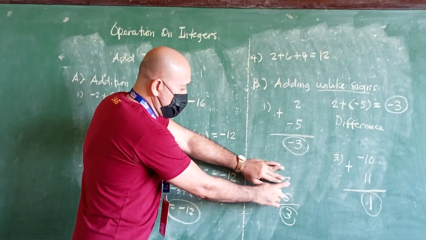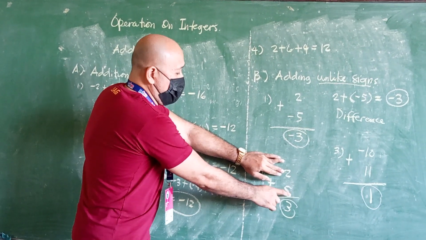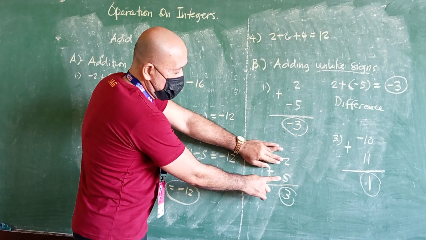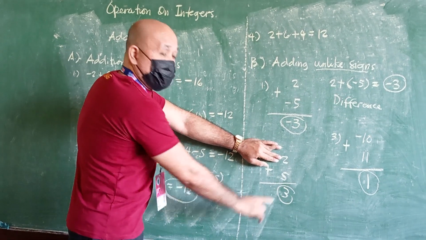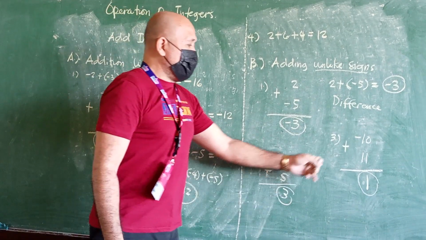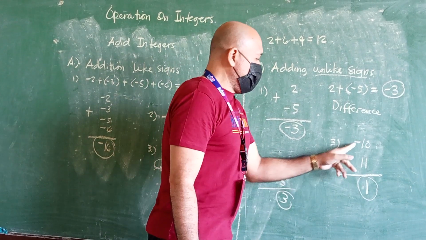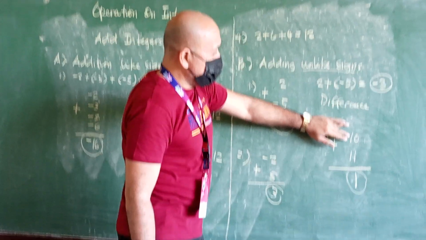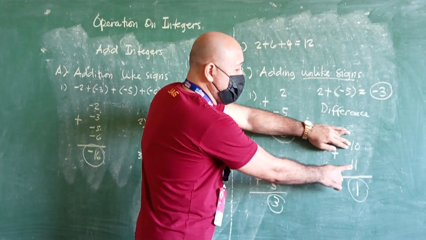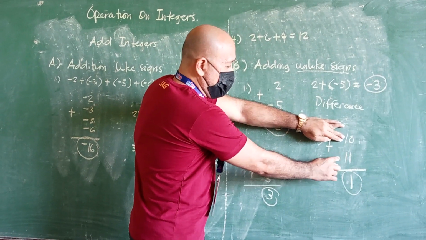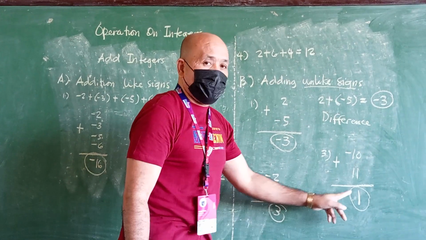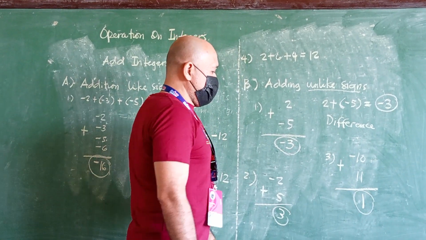Between the two numbers, 5 has the bigger absolute value. Since the original sign is positive, your answer is positive. And for negative 10 plus positive 11, when you cover the negative, 11 has the bigger absolute value. Since it is positive, your answer is also positive.